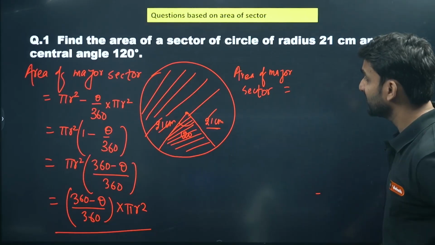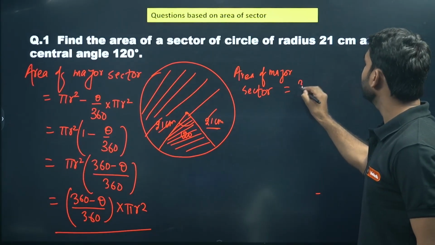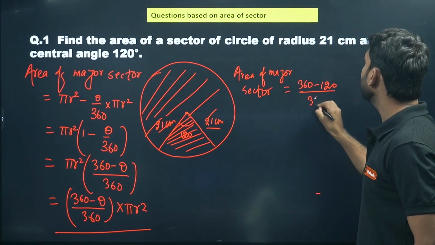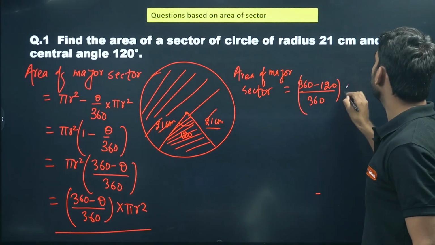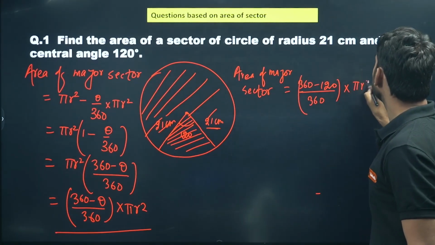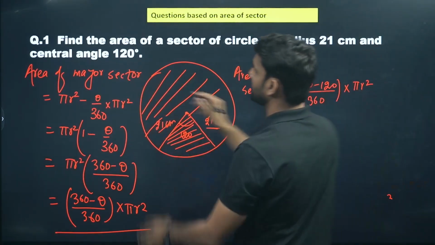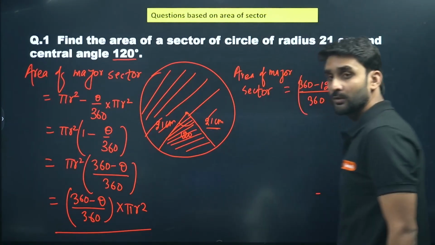So area of major sector will be what? 360 minus 120 by 360 into pi r square, because theta was 120 here. The central angle given in the question is 120. Right?